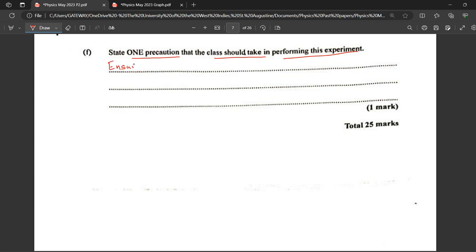So you can say: ensure to read thermometer measurements, because it's more than one measurement you're taking, at eye level, to avoid parallax error.